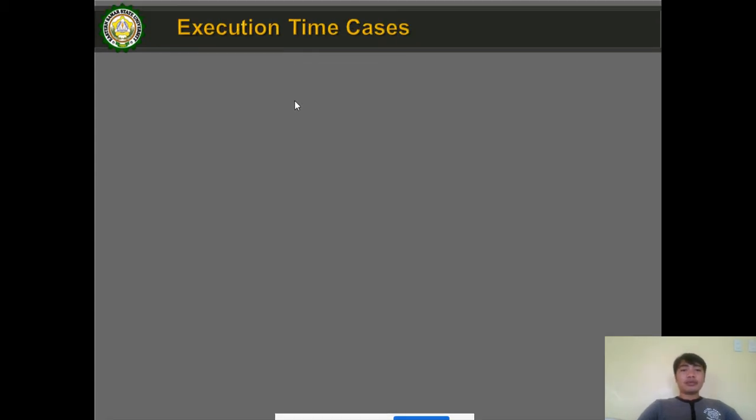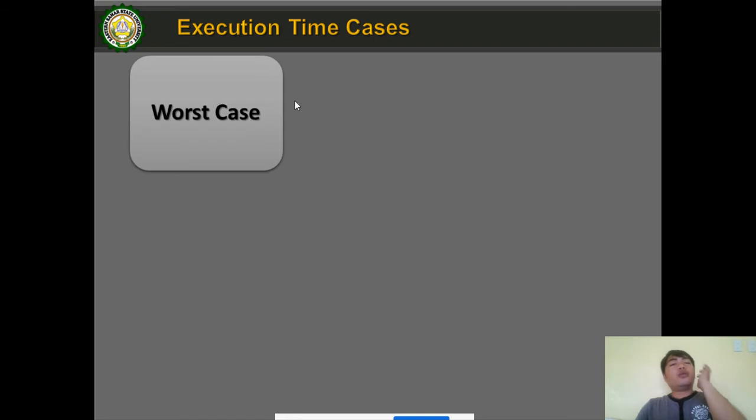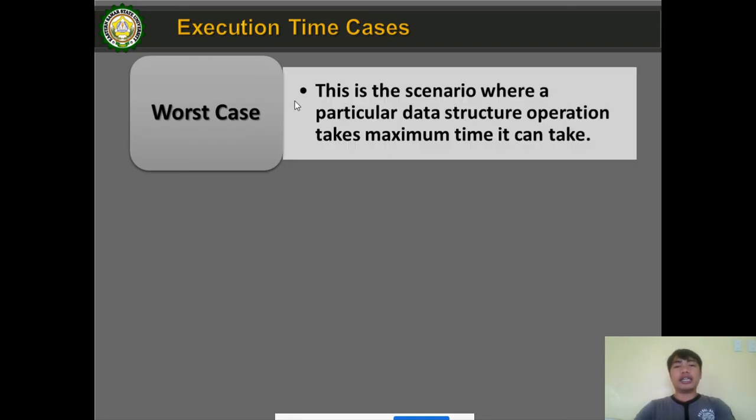Okay, so let's move to execution time cases. So, we have three. One is the worst case. When you say worst case, that is the scenario nga the operation takes maximum. When you say maximum, pinakahataas, pinakahalaba na time to execute such operation. Worst case.